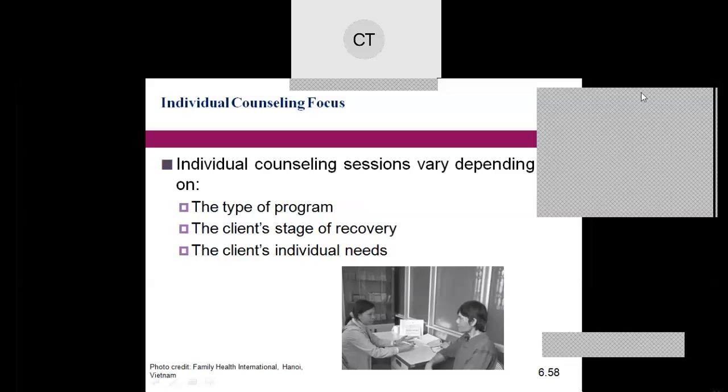He may not even be able to take counseling because he is in the pre-contemplative stage. You know the stages of motivation. A person in the preparation stage needs different counseling because he has prepared himself, and the action stage is quite different because he is undergoing the treatment. So it all depends on the stages of recovery, his motivation, and also his needs.